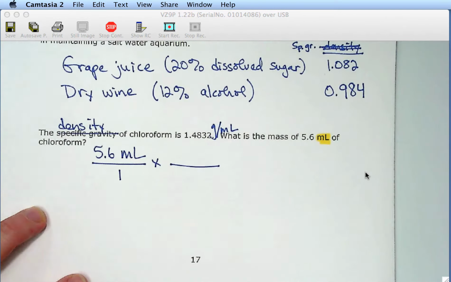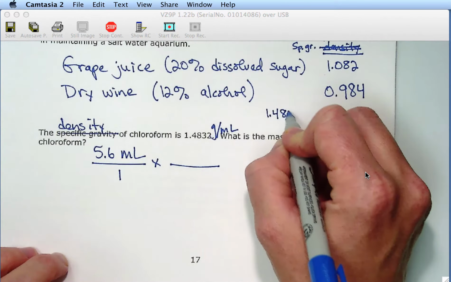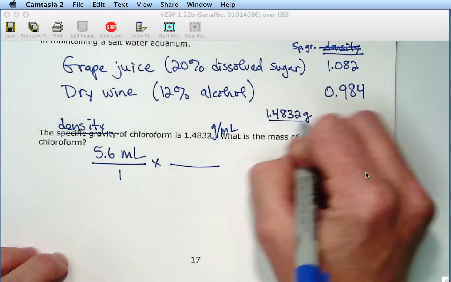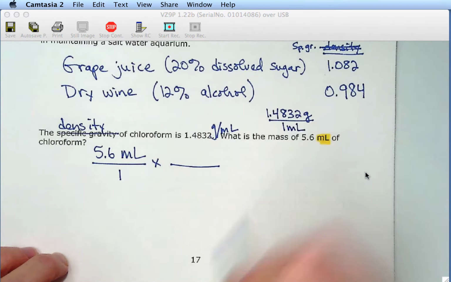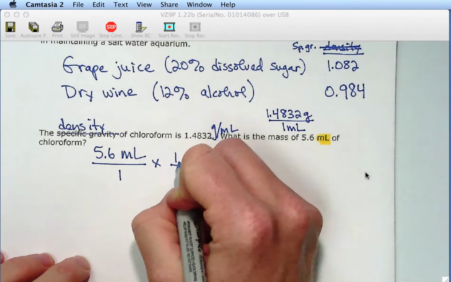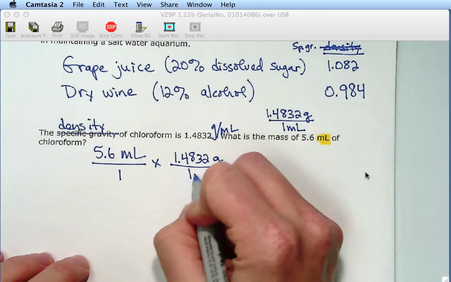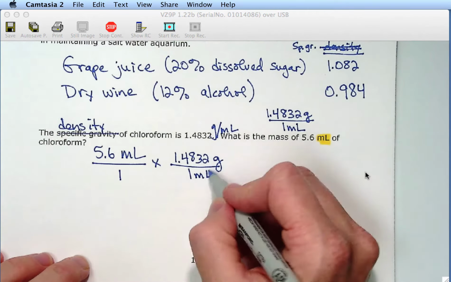In order to get milliliters to cancel out, would I multiply by this conversion factor? Or divide by it? Would I flip it or leave it as is? Leave it as is. Good. 1.4832 grams, 1 milliliter. That cancels out.